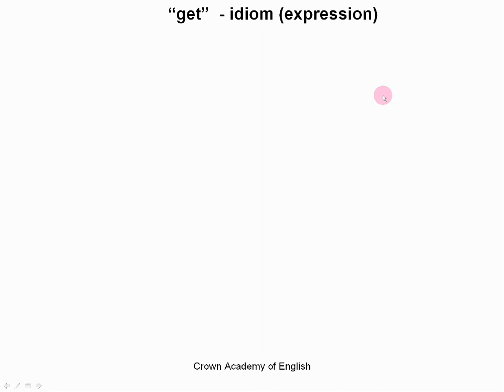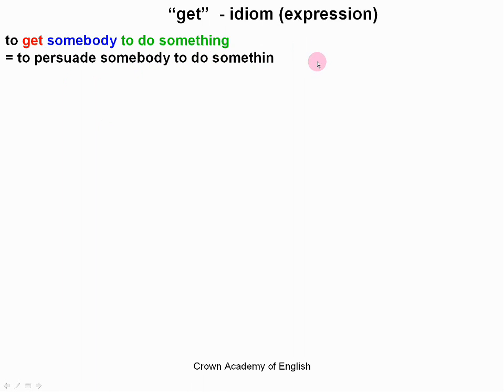Get as an expression or an idiom. To get somebody to do something. This means to persuade somebody to do something, okay? Or to convince somebody to do something. To force somebody almost, okay?